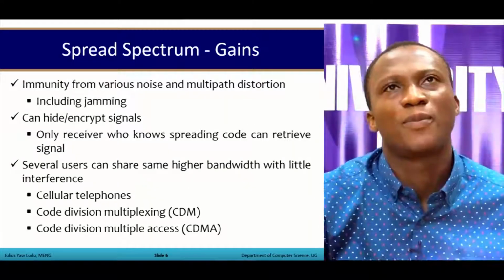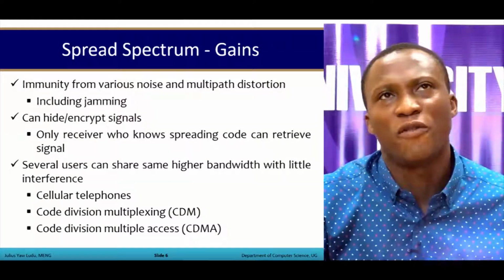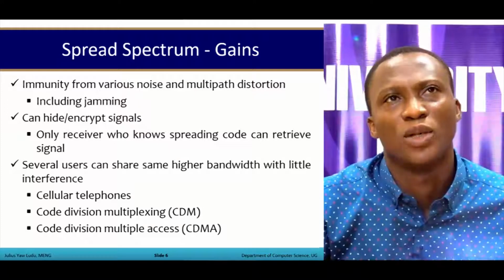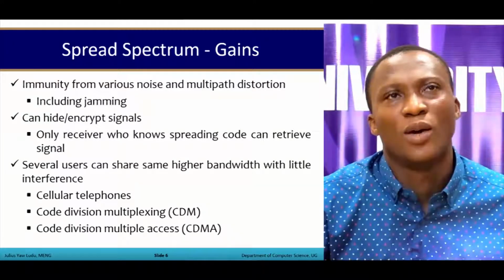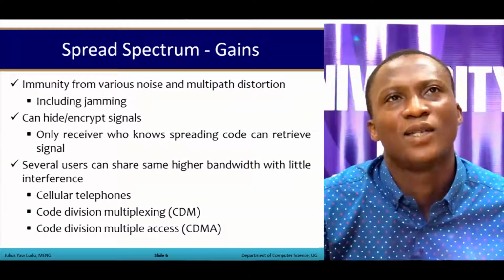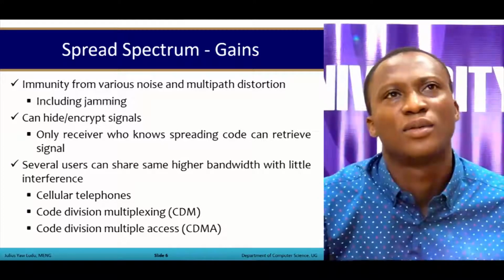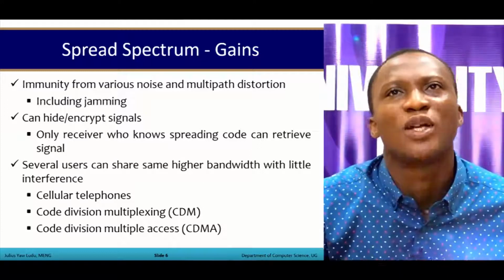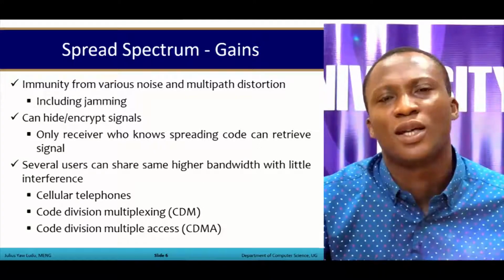Now, spread spectrum gains: immunity from various noise and multipath distortion, including jamming. It can also hide or encrypt signals. Only a receiver who knows the spreading code can retrieve the signal.